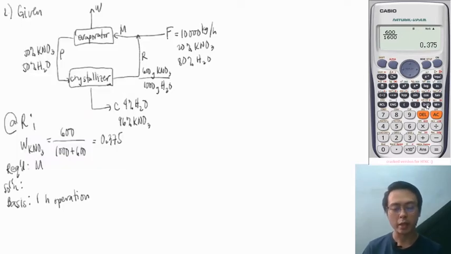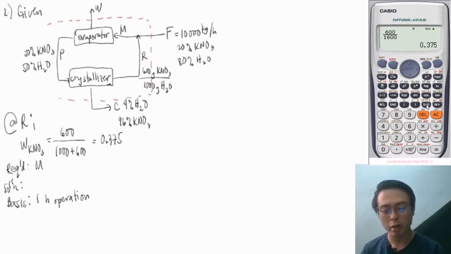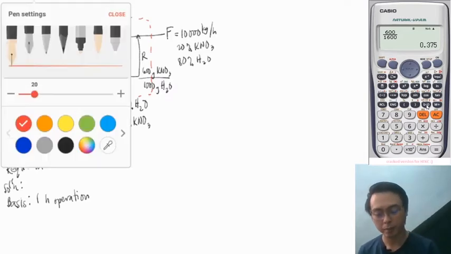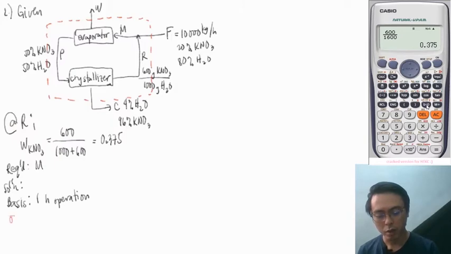We can set it at the entire system, and let's see if we can get something. If I set my boundary at the entire system, that would exclude the recycle. It will only include the feed, the crystal products, and the evaporated water. So this is our overall boundary.